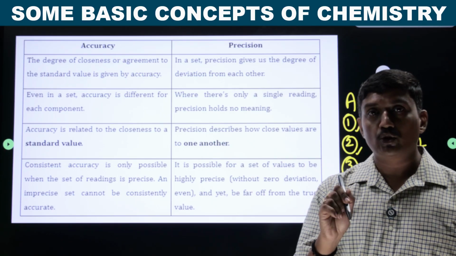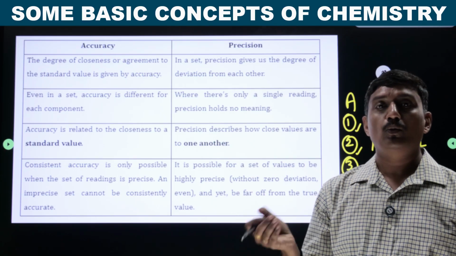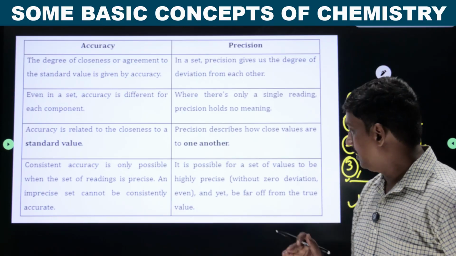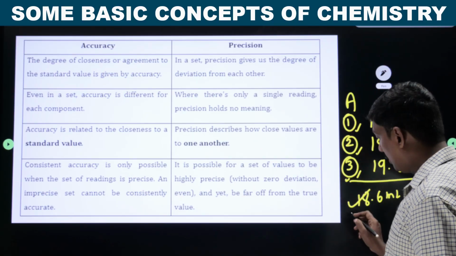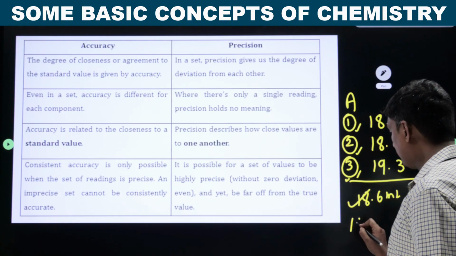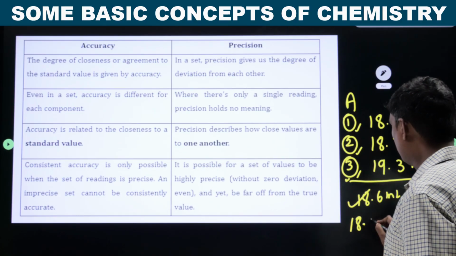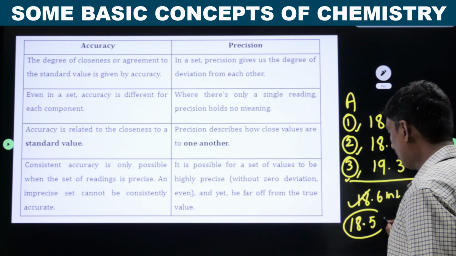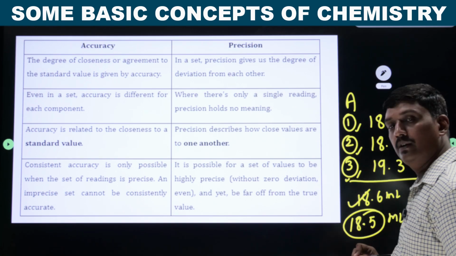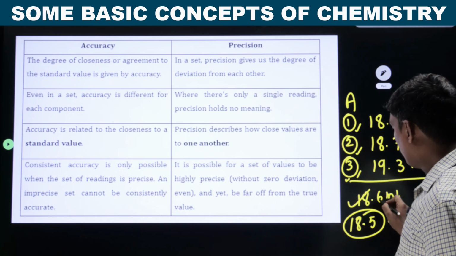That value should match with the person who performs in the laboratory. So the value with the teacher is 18.5. 18.5 should be obtained, but the student got 18.6.